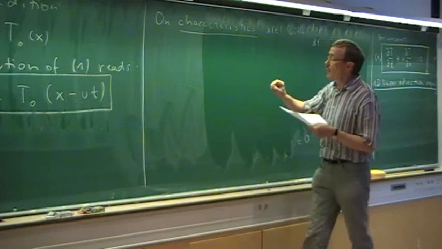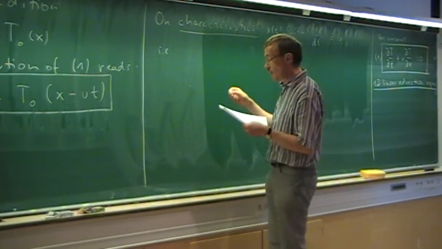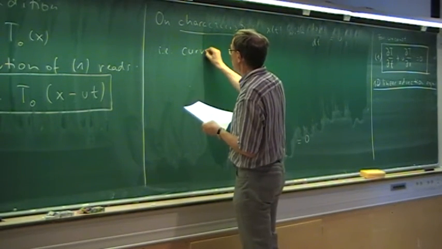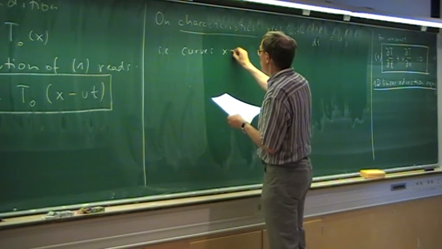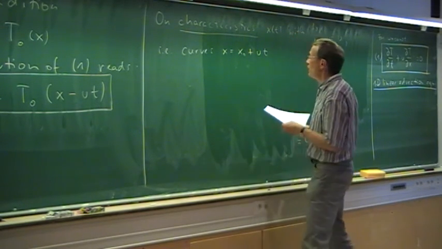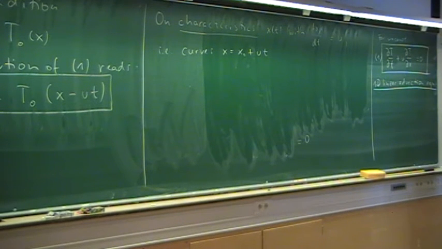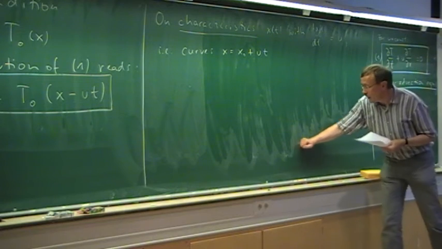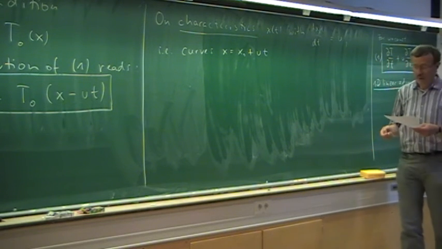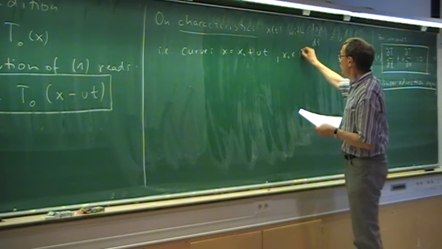So that means these characteristics in this case that we consider for the linear advection equation are curves that we can characterize by x0 plus ut. So if we have such a dependence of x on t, we see dx/dt is u. So these curves, according to our definition, are the characteristics. And the x0 can be any real value.